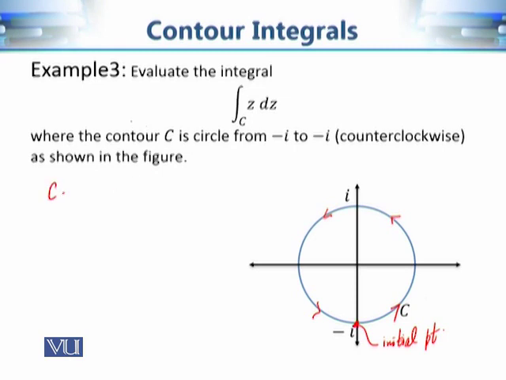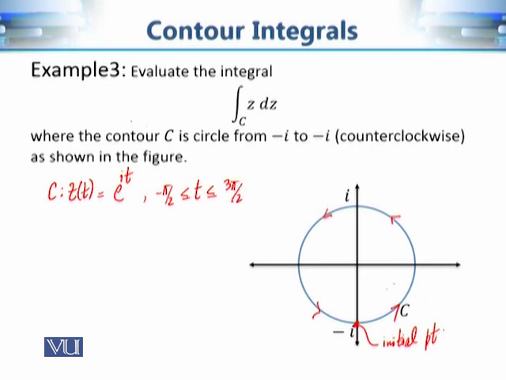First of all, we need to know the parametric representation of C, and we know the parametric representation of a circle. This is going to be e raised to power iota t, and the only thing that is going to be different in this case is the parameter range. The parameter t ranges from minus pi by 2 to 3 pi by 2.